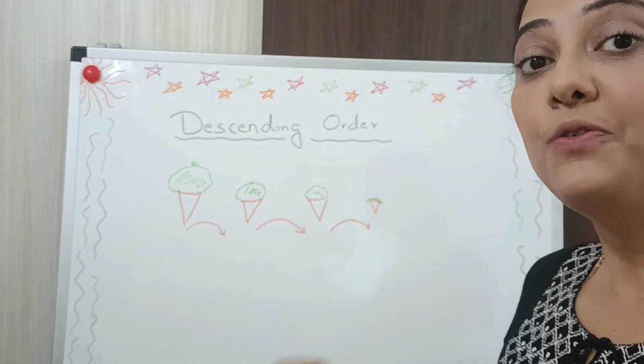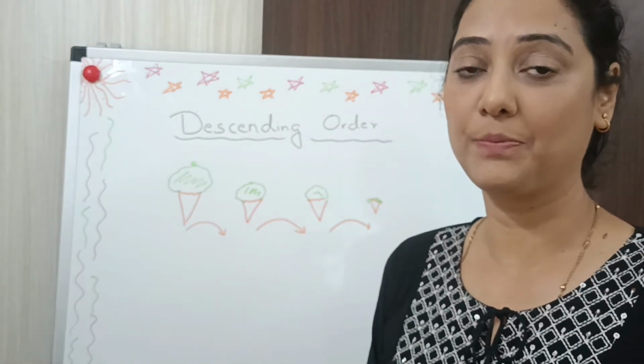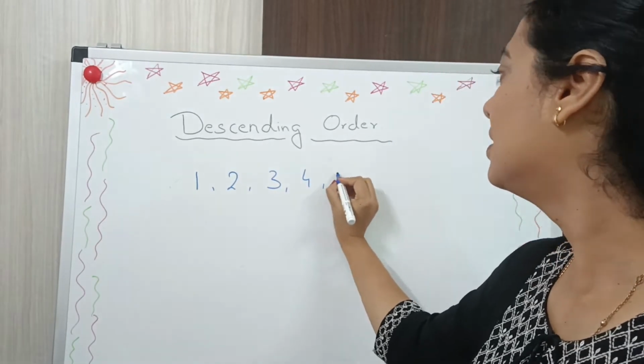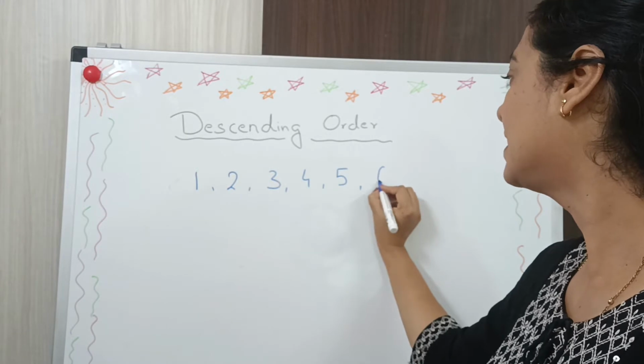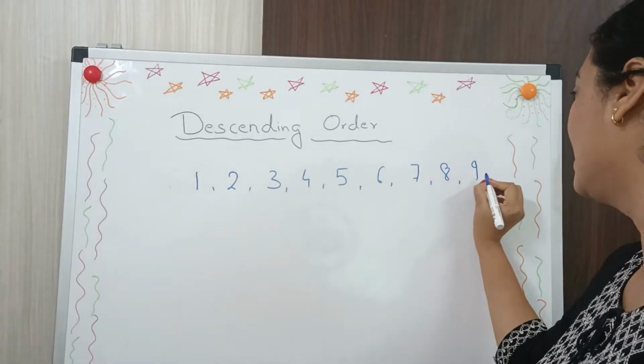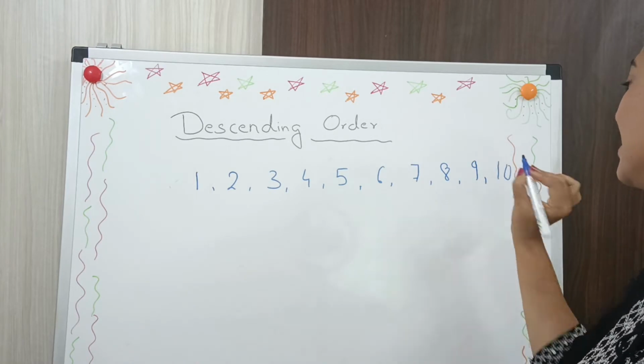So now we will take it in a numerical way. Now 2, 3, 4, 5, 6, 7, 8, 9, 10.